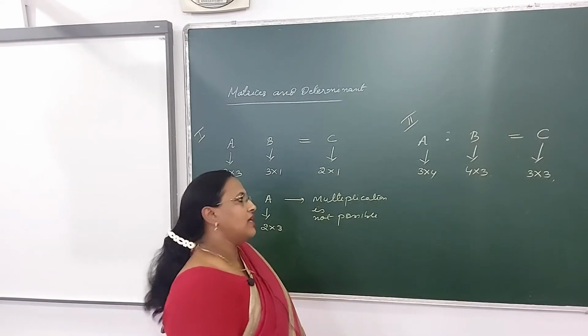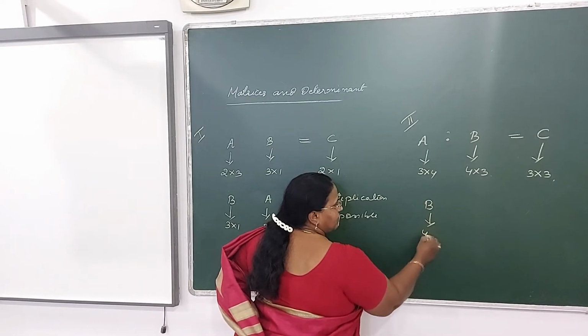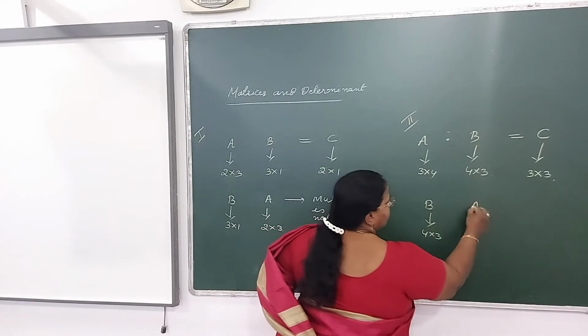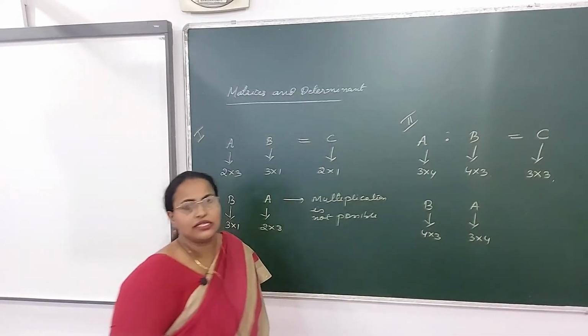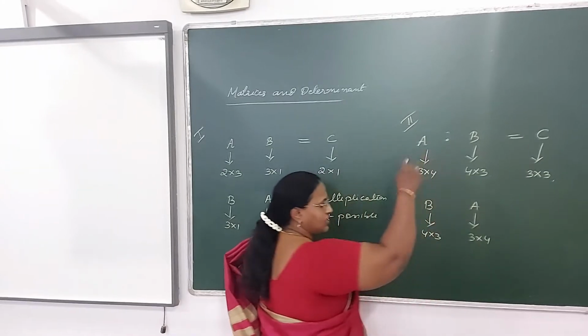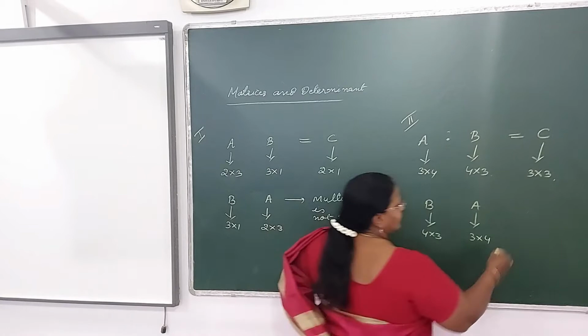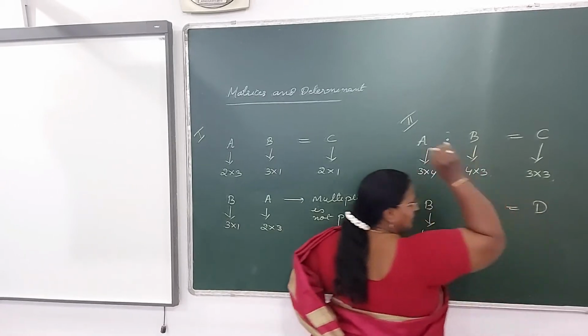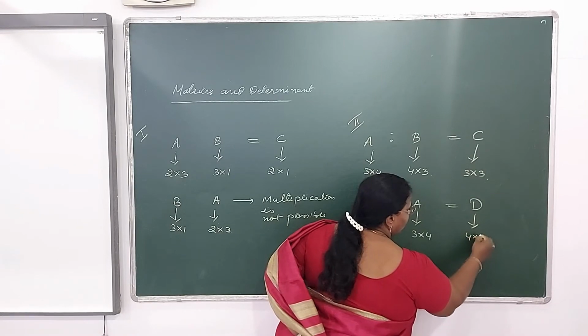Let us check whether BA is possible or not. The order of B is 4 by 3, order of A is 3 by 4. In this case also matrix multiplication is possible. The number of columns is 3 and number of rows is 3. So multiplication is definitely possible. So let the resultant matrix be D. And what about the order of this matrix? It is 4 by 4.